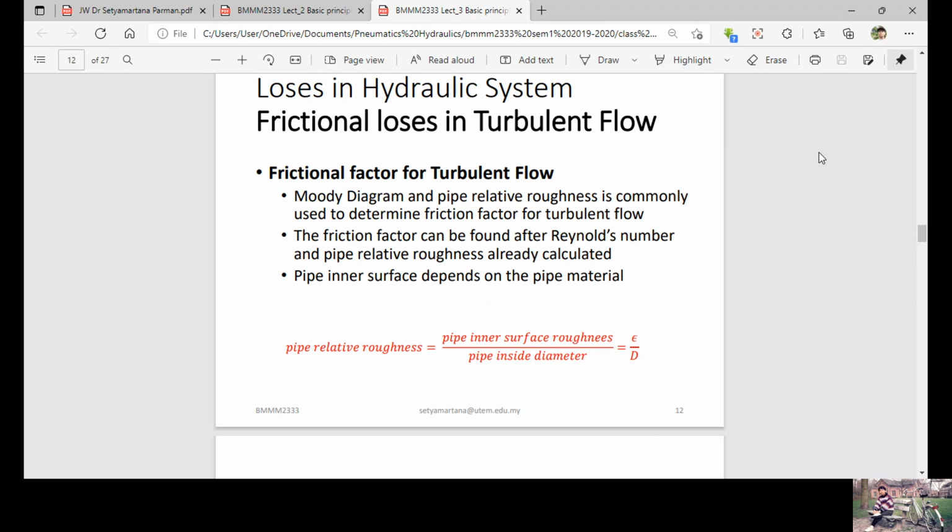The friction factor can be found after the Reynolds number and pipe relative roughness have been calculated. The pipe inner surface depends on the pipe material, so we need to define the pipe relative roughness, that is pipe inner surface roughness divided by pipe inside diameter, or epsilon over D.